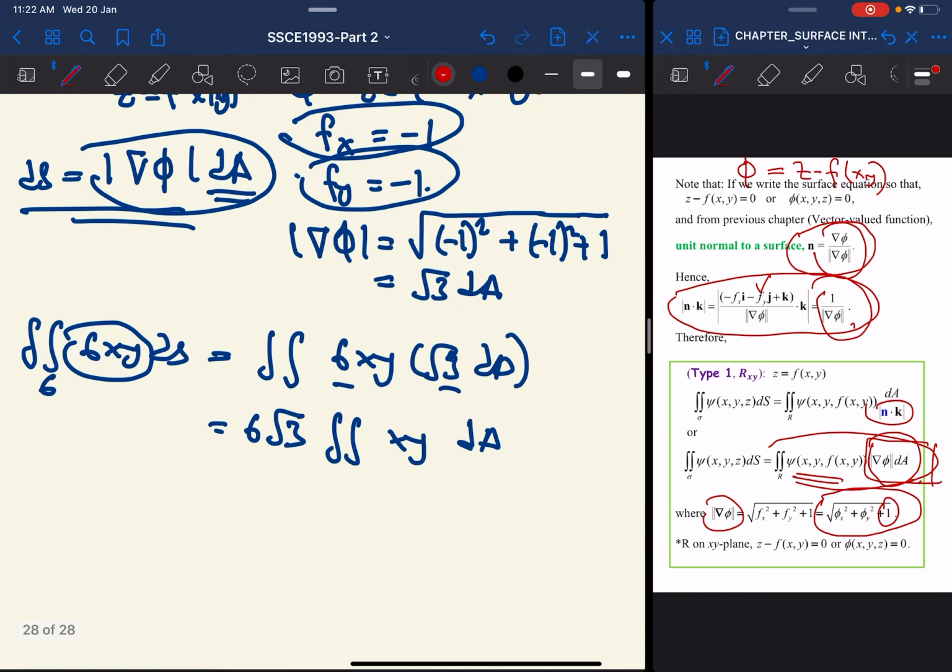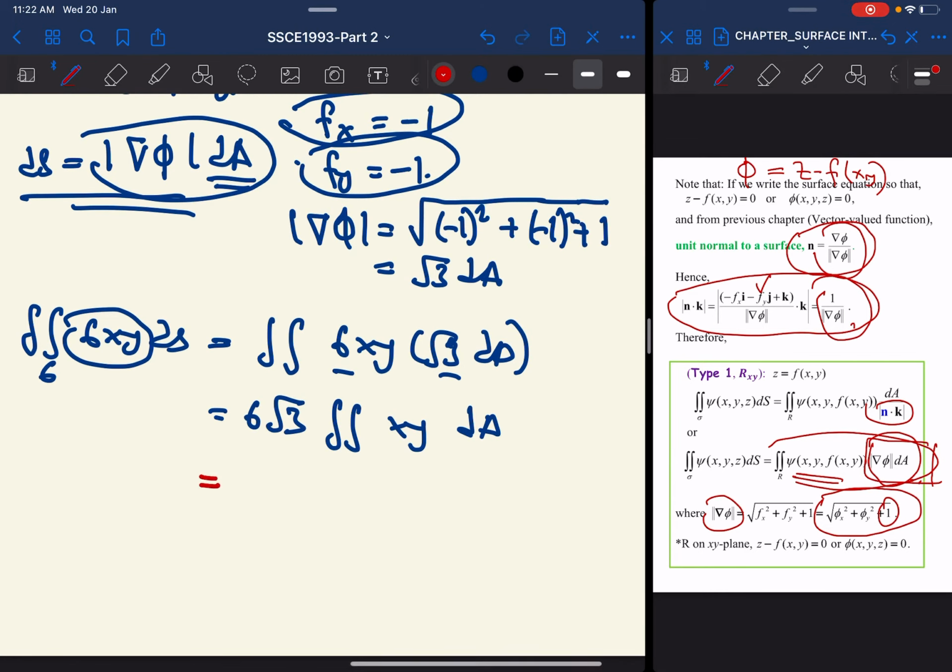In my case, I would like to change dA into dy dx. You can also change it to dx dy. It's possible because it's just a simple rectangular region.